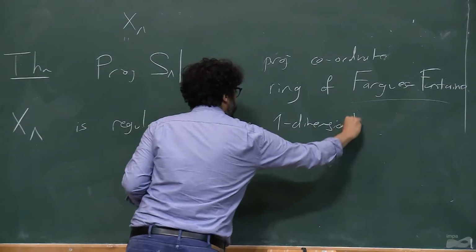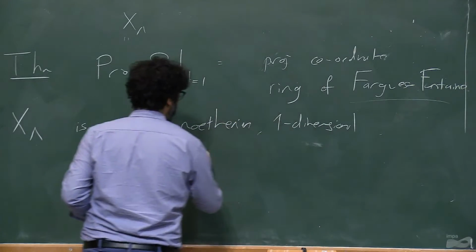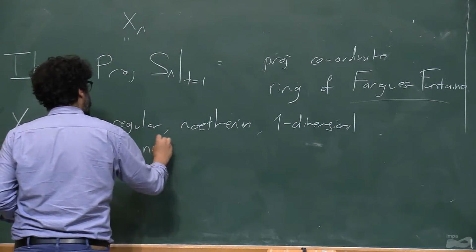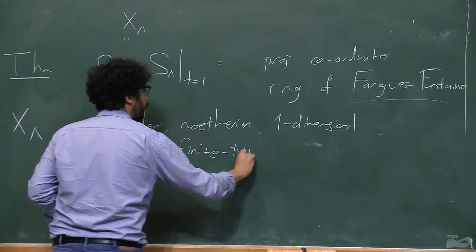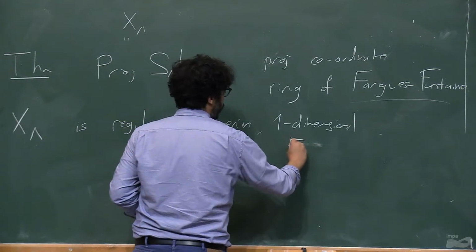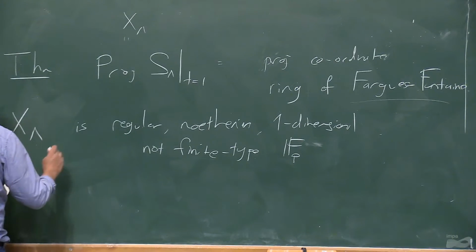But it's not finite type, right? It's linear over F_p, it's one-dimensional, but somehow it's not finite type over any field, and I explained why. So it's these A's, but it's still nice.